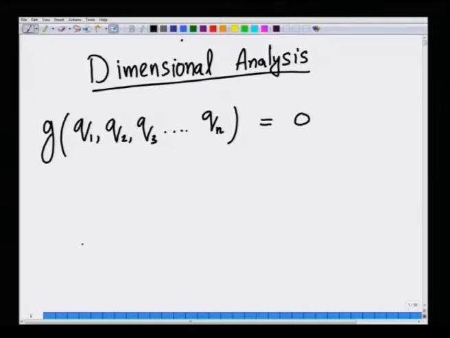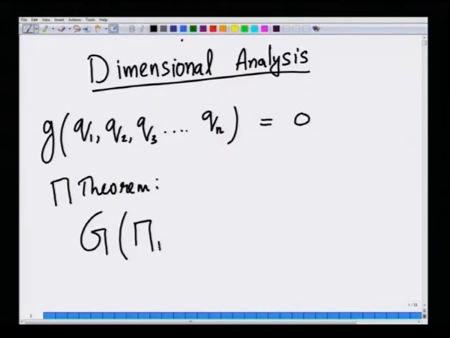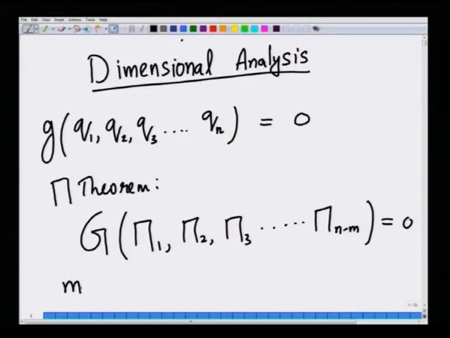Then the pi theorem guarantees that there is a functional relationship, let us say capital G, among n minus m non-dimensional groups that are made out of these n dimensional variables, where m is the number of fundamental dimensions in the problem.